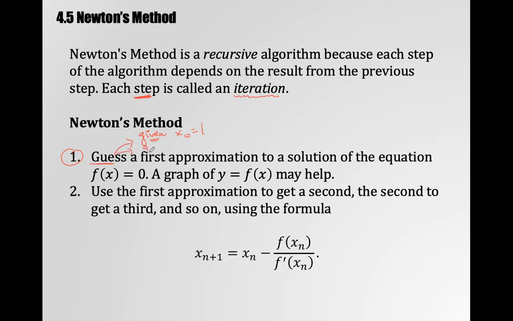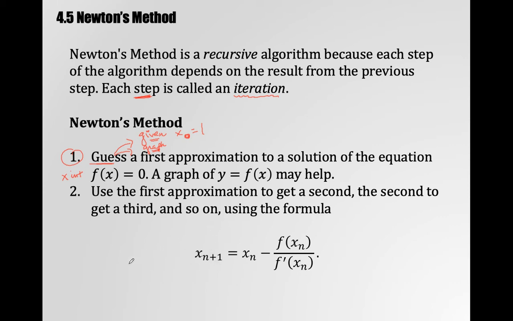Or you're looking at a picture of a graph, right? Either on your calculator or they've given you a picture of where y is equal to 0. That's an x-intercept, right? Of the x-intercept they want. So you're going to use the 0 guess to get the second, to go on to the third, using this formula.